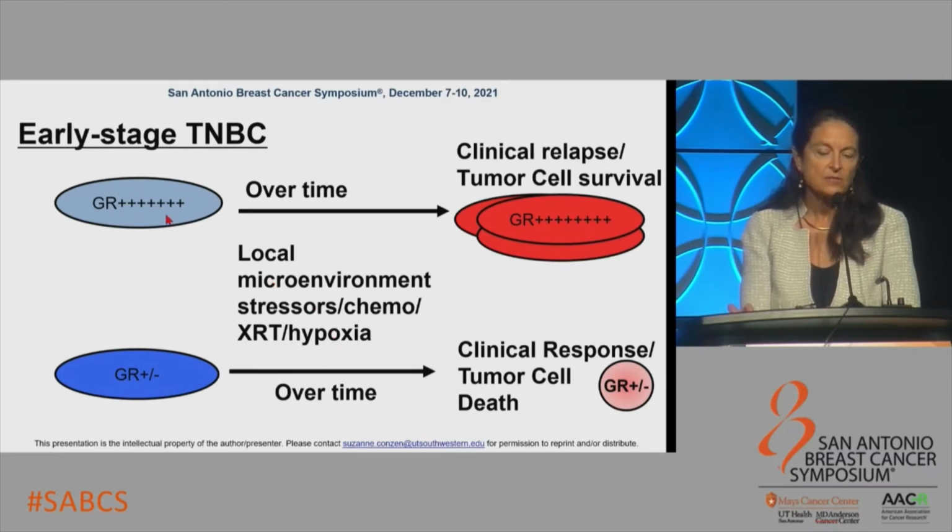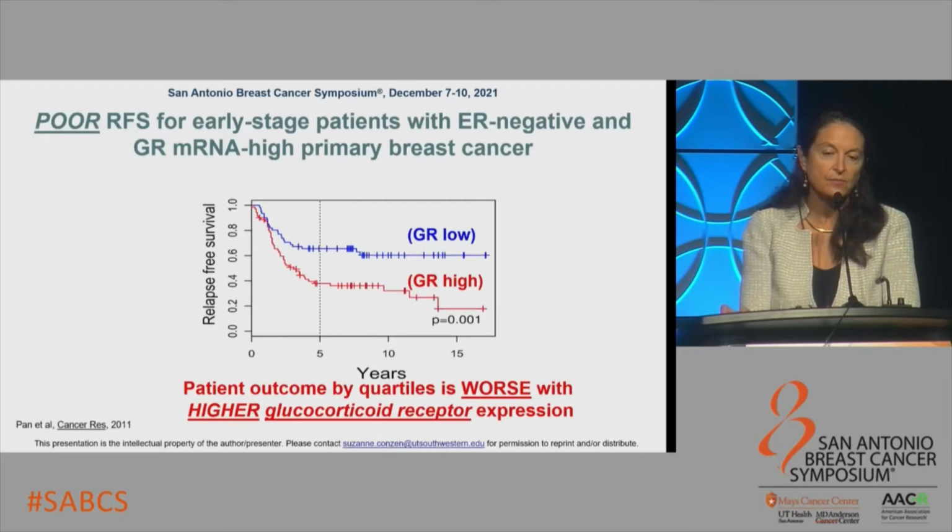This transcriptional activity would inhibit cell death. In contrast, if glucocorticoid receptor activity was low in the tumor cells, we hypothesized that the patient would have a clinical response of long duration in TNBC, with enhanced tumor cell death.